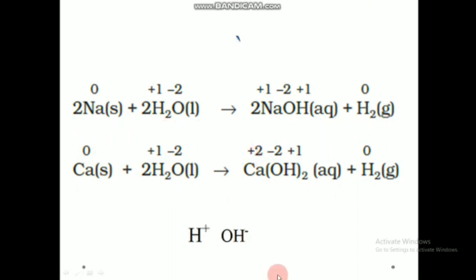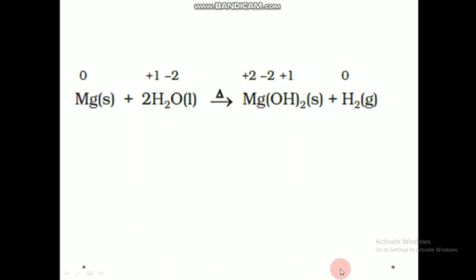In this reaction we can represent water like this, HOH, and in that case calcium and sodium react with the OH part and liberate the H as H2 gas, giving out 0 oxidation state. So that is what is actually happening there. Another example, magnesium plus 2H2O gives Mg(OH)2 and H2. Same reaction, no change. Mg goes from 0 oxidation state to Mg2+.